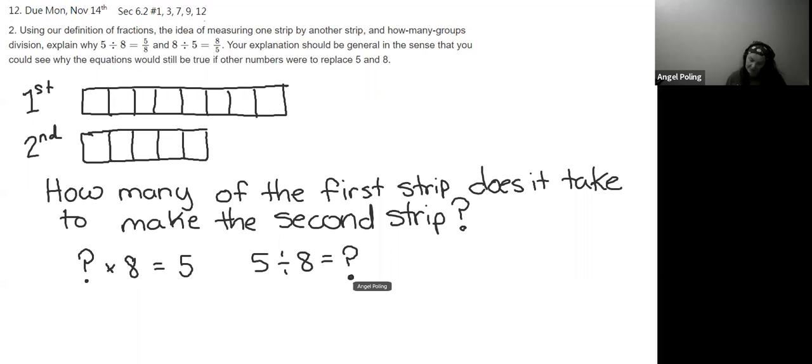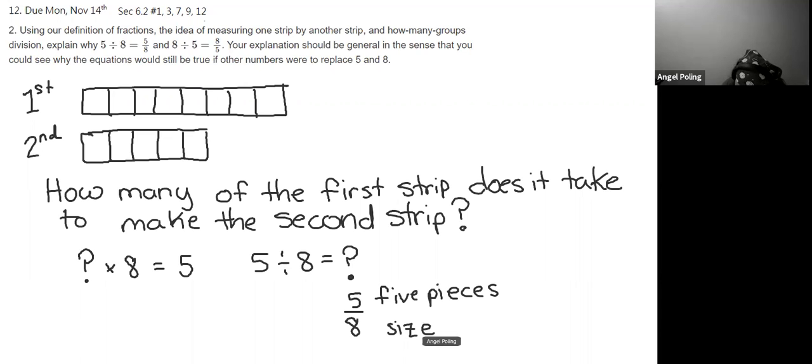So that's our how many groups perspective. And then the last bit is to discuss why we're getting the result of 5/8. And in the definition of fractions, this is 5 pieces where the pieces are of size 1/8.